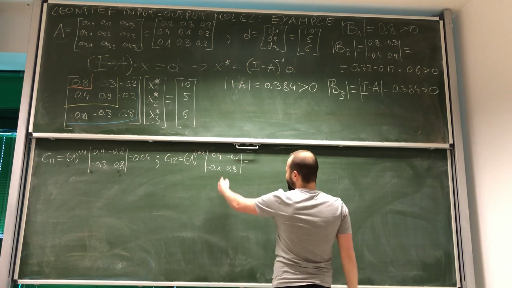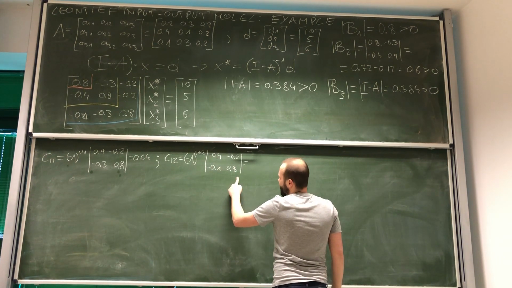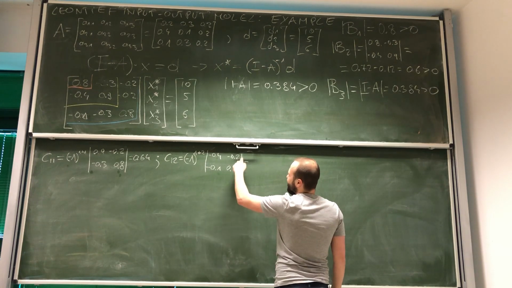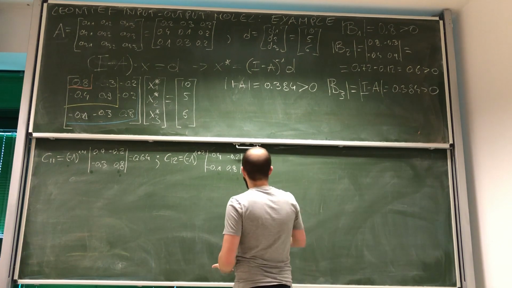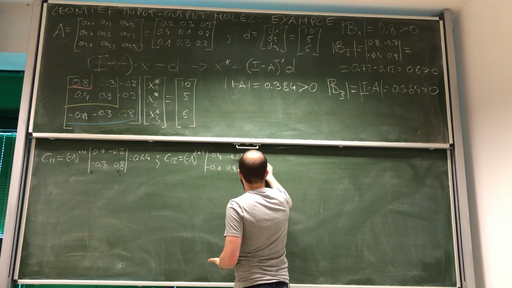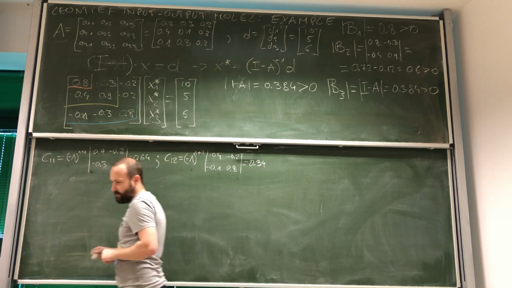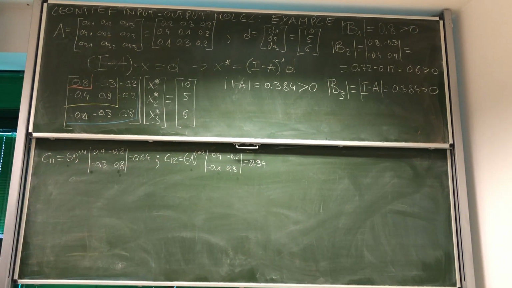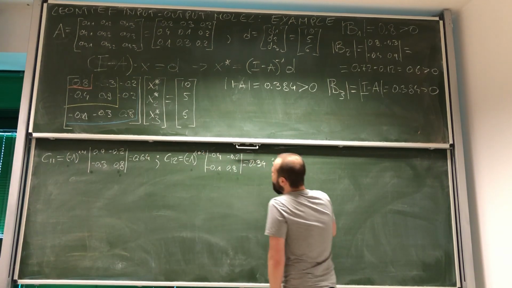Okay, so this gives us 0.32 minus 0.02, so it's 0.34, right? Okay, let me check. It's really easy to make a mistake in this. Okay, so we move further.